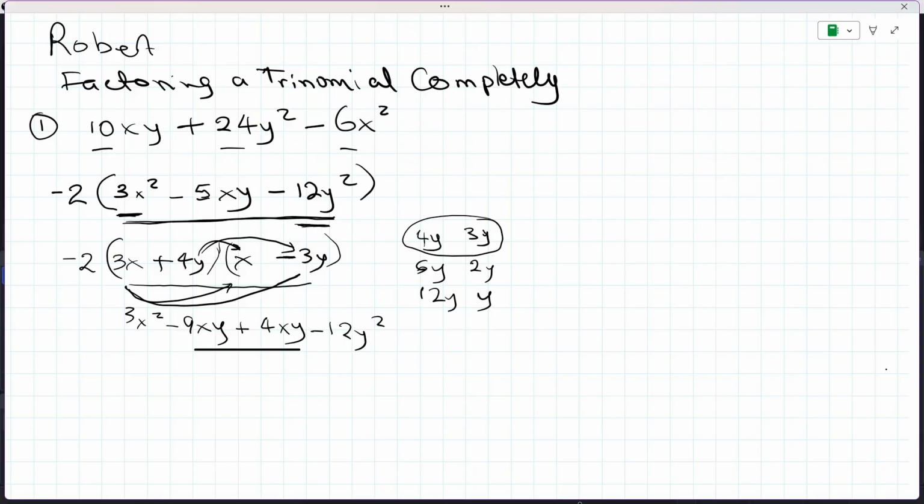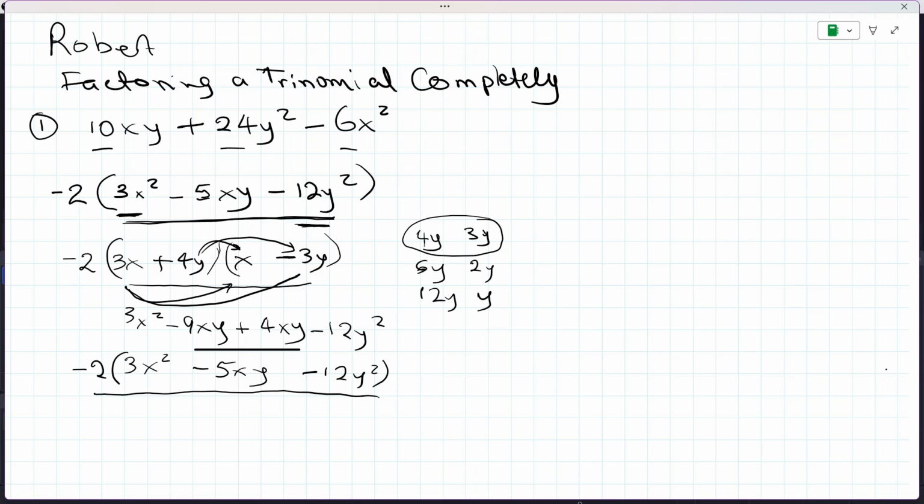So minus 9xy plus 4xy will leave us with minus 5xy. And we have our 3x squared brought down, and here we also have our minus 12y squared brought down. And of course, to get back to our original expression, we have to bring down our minus 2.